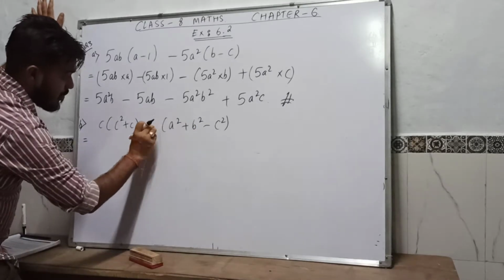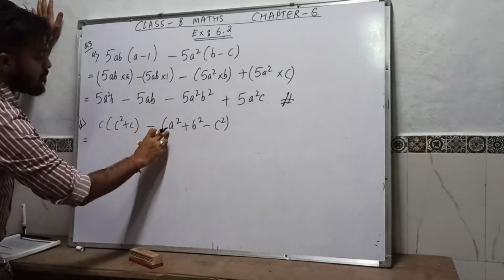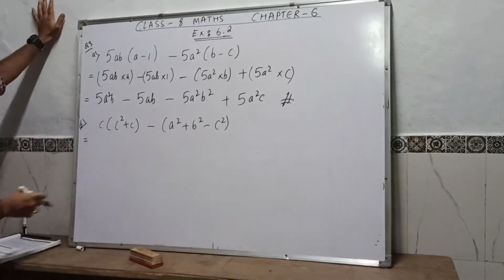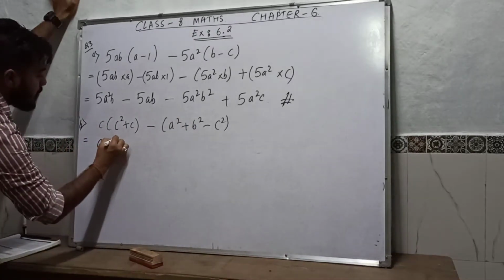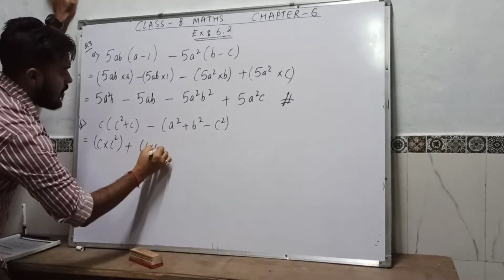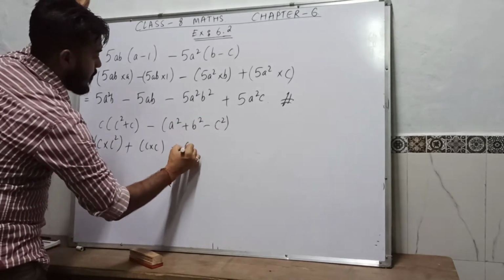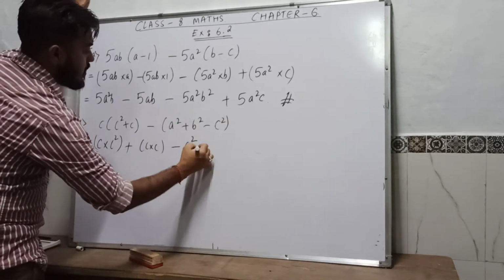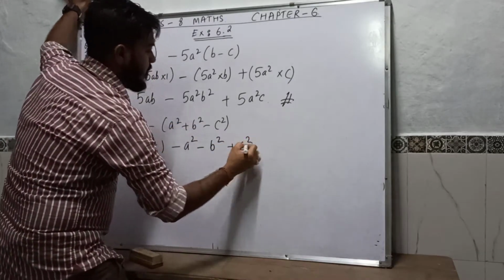Here we have no numbers, no variables, so it will be same. We just have to multiply this one: minus into plus, minus into plus, minus into minus. Clear? So we have here c into c square plus c into c. Now you open this bracket, so minus into plus minus a square, minus into plus minus b square, minus into minus plus c square. Okay.